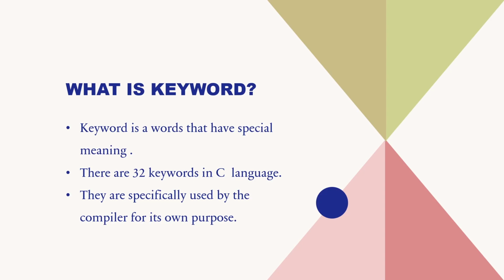Each keyword has a particular functionality assigned to it. It is default. We cannot change that manually. There are 32 keywords in C language. They are used by the compiler for its own purpose. As I said, each keyword's functionality differs and the functionality cannot be changed.